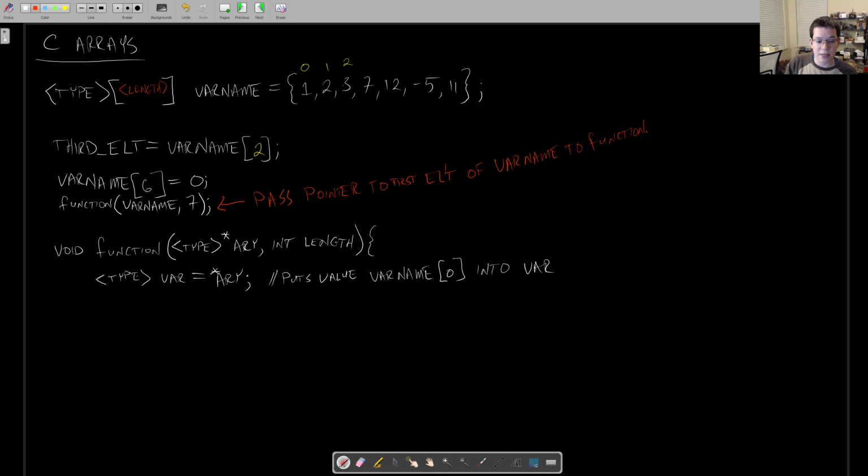The other thing you have to keep in mind is, since you're passing in the pointer to the first element, arrays are stored sequentially in memory, which means if you wanted to move along this array, all you would have to do is say type star idx.